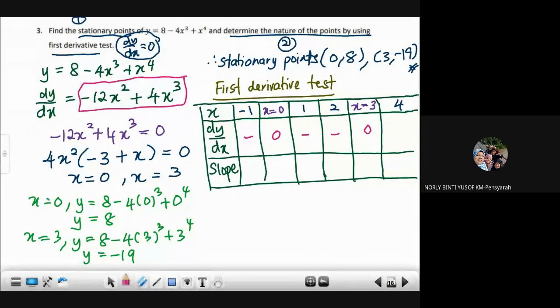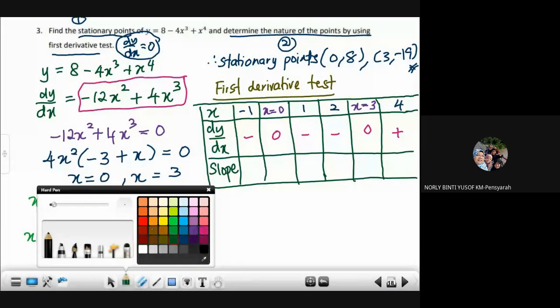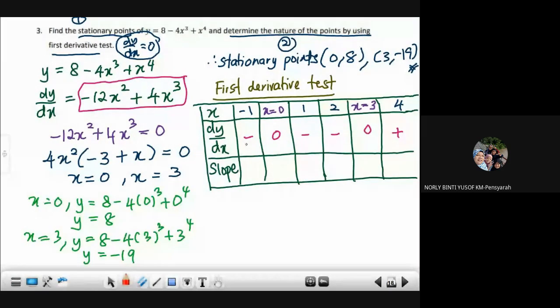You masuk 4 dalam equation dy/dx ni, you akan dapat positif. Okay, dah dapat sign tu dengan betul, slope tak ada masalah. Slope kita akan ikut. Negatif turun tangga, kosong sekata sebab dia tak ada keturunan kosong kan. Negatif turun tangga, negatif turun tangga, kosong sekata, positif naik tangga.